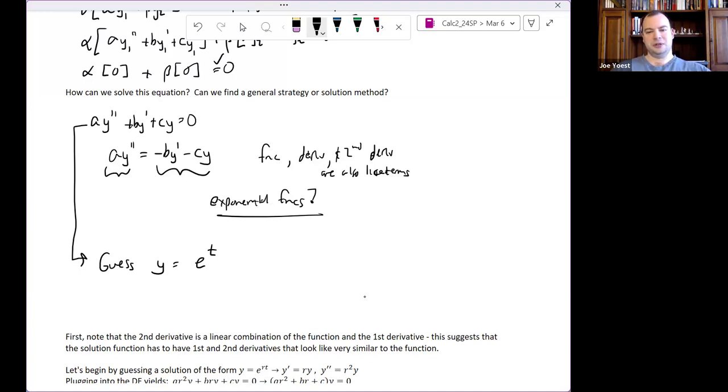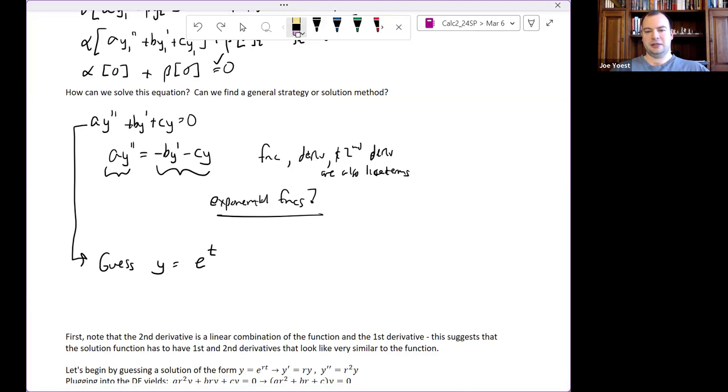I need to have a parameter in my guess, in my model, that I can pick or that I can tune or adjust depending on the exact differential equation I'm looking to solve, depending on what a, b, and c are. If I put a constant in front, well, then y prime is exactly equal to y, y double prime is exactly equal to y. That doesn't really help me either.